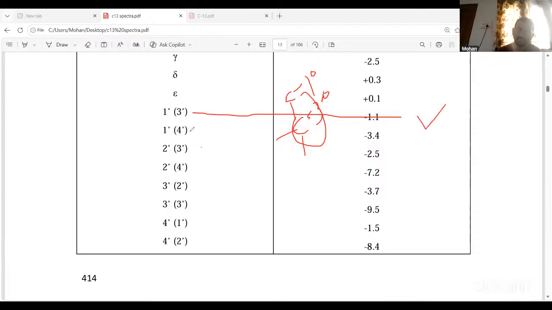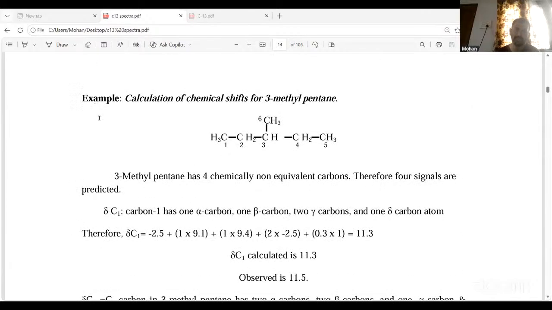And when the primary carbon is on a quaternary carbon, meaning one more carbon is there, the value is minus 3.4. Like that, we are taking the additional values to calculate the delta values.